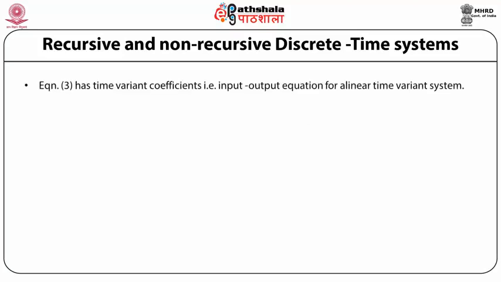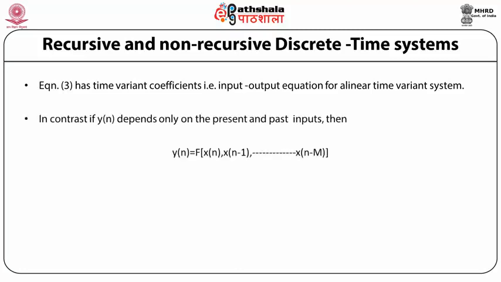So equation 3 has time variant coefficients, that is, it is the input-output equation for a linear time variant system. In contrast, if y(n) depends only on the present and the past inputs, then y(n) equal to F of x(n), x(n minus 1) and so on till x(n minus M).